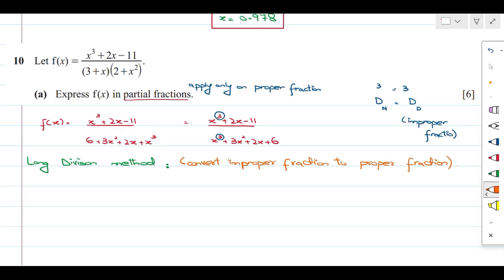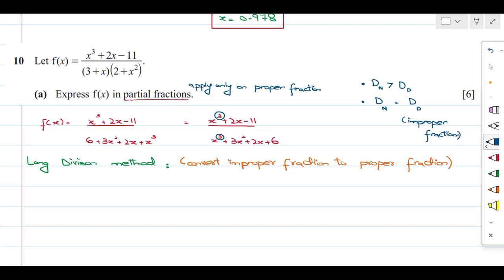When the degree of numerator and the degree of denominator are equal, or when the degree of numerator is greater than the degree of denominator, in both cases we have an improper fraction, and for an improper fraction, partial fraction is not applicable.